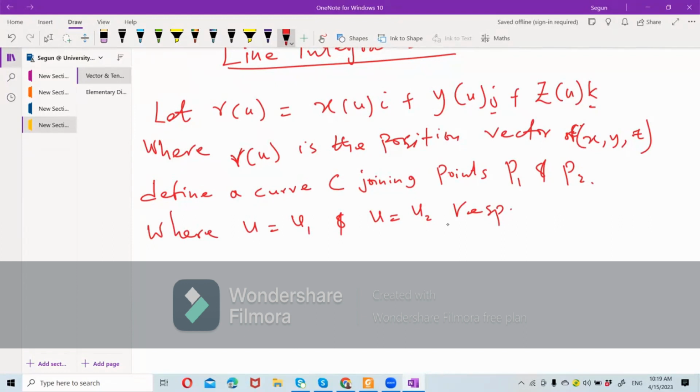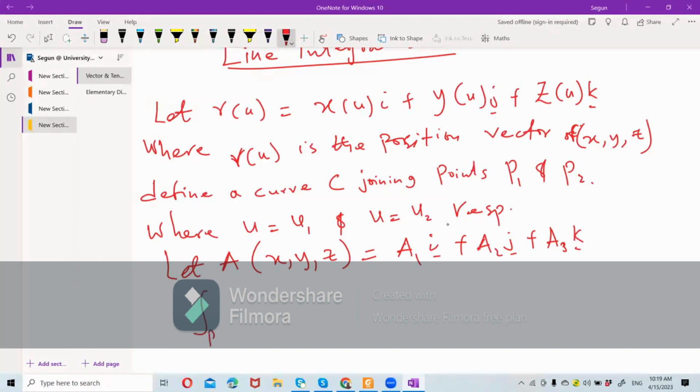Then we'll look at examples. But before then, where do we apply this? We apply it in aerodynamics and fluid mechanics. But let's look at the main thing. Let A of x, y, z equals A1 i plus A2 j plus A3 k.